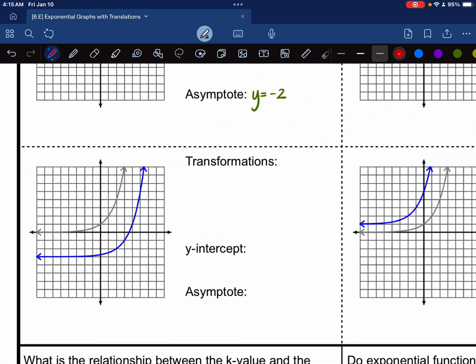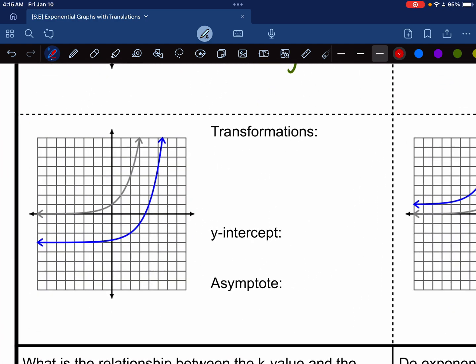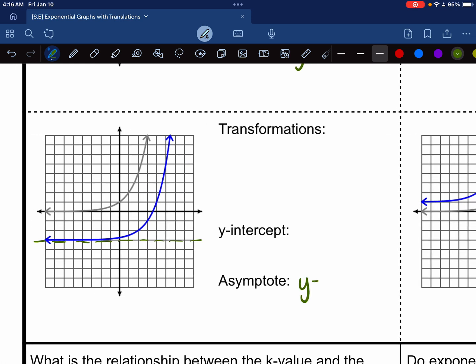All right, we're almost there, friends. All right, so looking at this one down here, the asymptote down here is down by 3 units, so that's y equals -3, which means that it was a translation down 3 units.